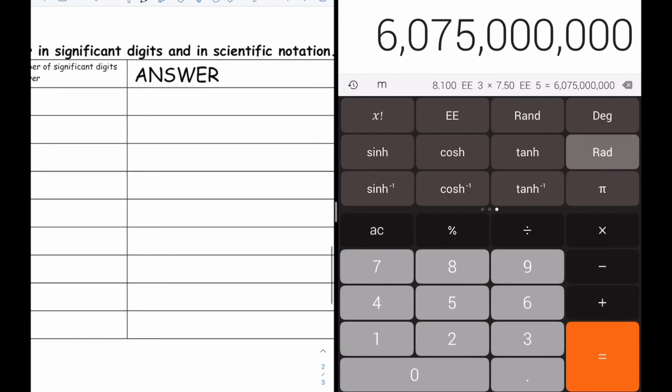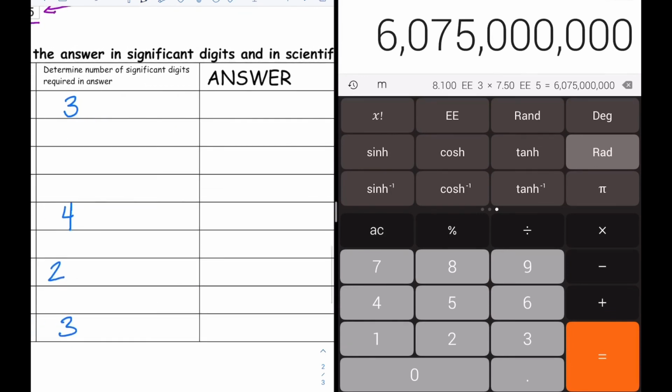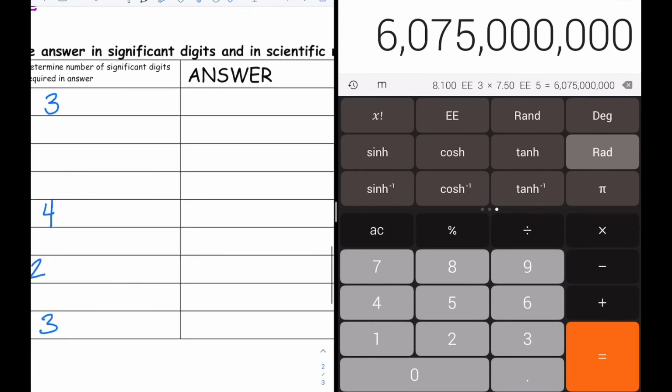So when we record our answer, remember, we need 3 significant digits only. So 6.08. You want to preserve the place value of the highest value numbers. So 6.08 are in the highest place values.